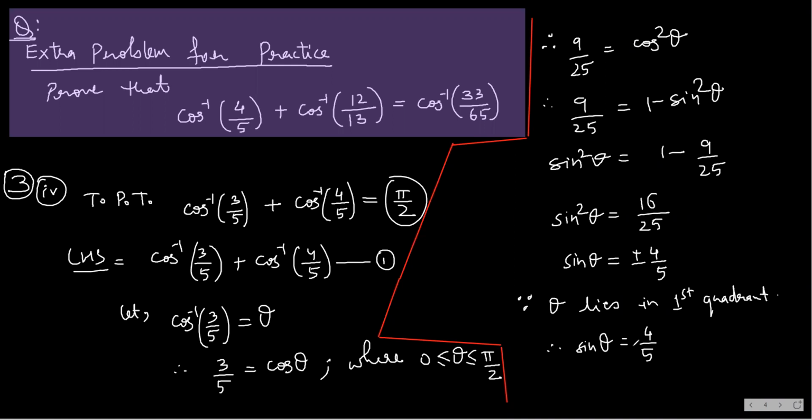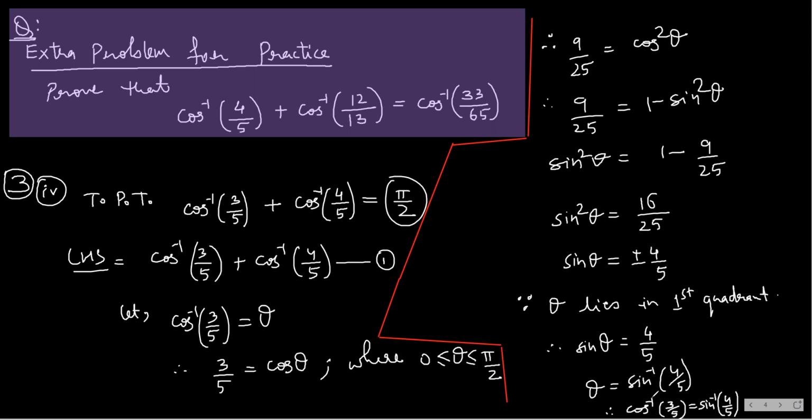Now if sine theta is 4 upon 5, what is theta? Theta is sine inverse of 4 upon 5. And you know what theta you had taken as? You had taken theta to be cos inverse of 3 by 5. So ultimately you get cos inverse of 3 upon 5 is sine inverse of 4 upon 5.